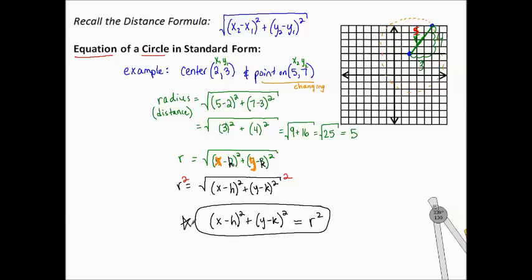Now you see how it related to the distance formula. You don't have to memorize how we got it. You just have to memorize here's the equation of the circle. The equation of the circle for a circle whose center is at the point (h, k), and the radius is equal to r, the square root of that number.